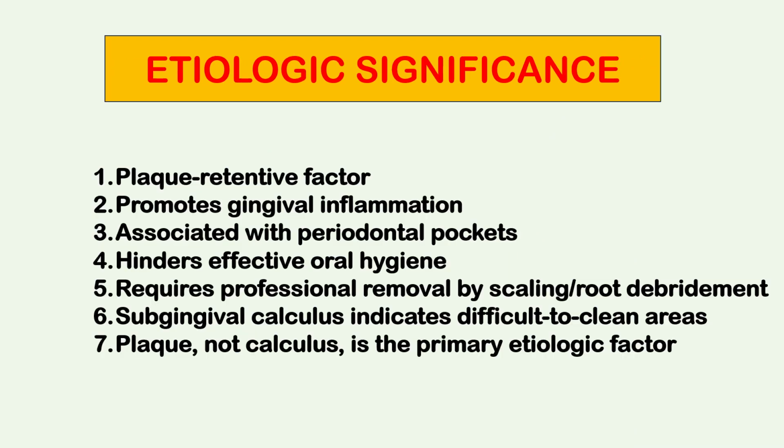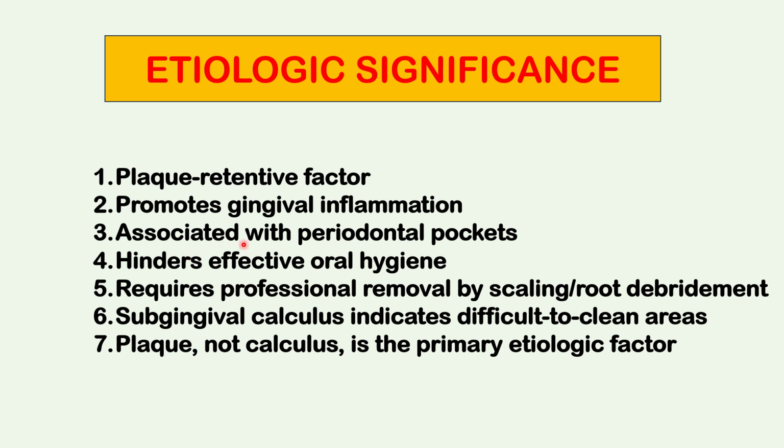So coming to the etiologic significance of calculus. Calculus is a plaque retentive factor. That is, it provides a rough surface which favors plaque accumulation and retention, and it promotes gingival inflammation since it is difficult to clean.